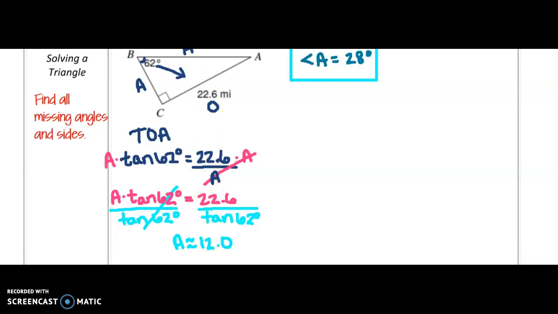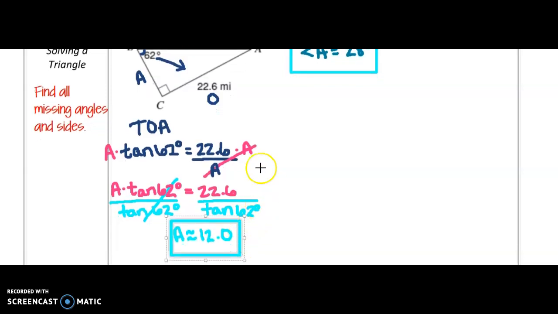So that would be the length of side A, and that seems pretty reasonable. Again, I'm going to put a little box around this. There you go. All right, so this side right here, we'll just label this now. We just found out this is 12.0.